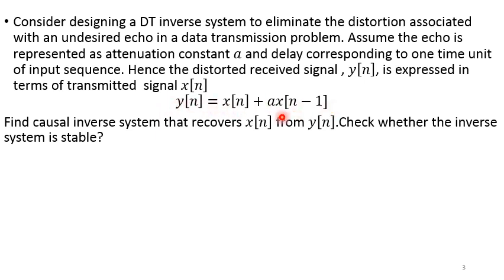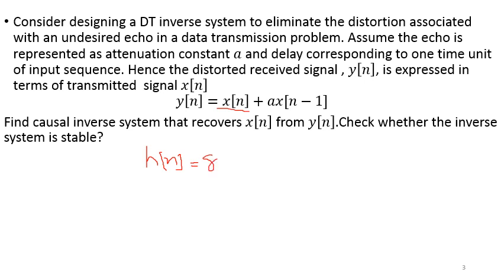You understand finding the impulse response is quite straightforward from the given input output relationship. In this particular case we define the impulse response as the output of the system when input is impulse. So y of n equals to this. We replace output by impulse response, and input by impulse.